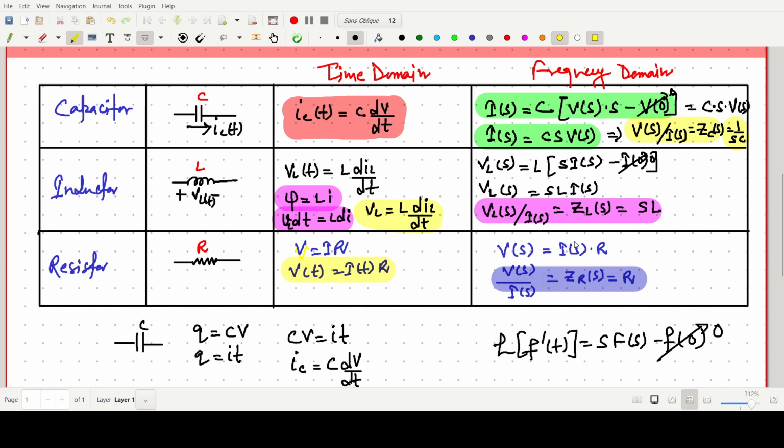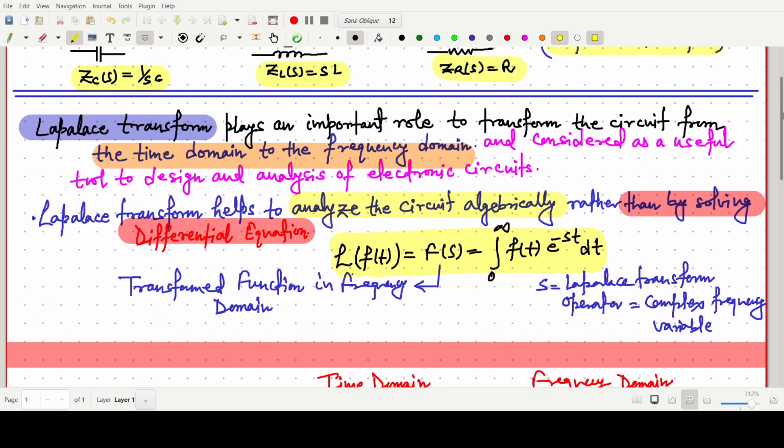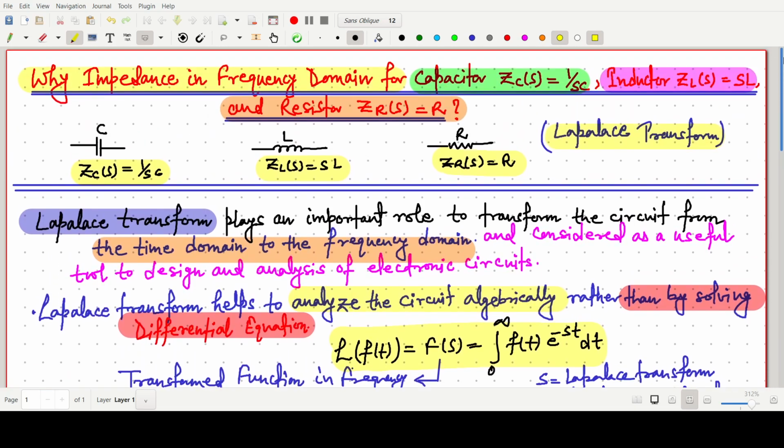So this is why the impedances in the frequency domain are 1 by sC for the capacitor, sL for the inductor, and simply R for the resistance. This is the impedance function in the frequency domain.